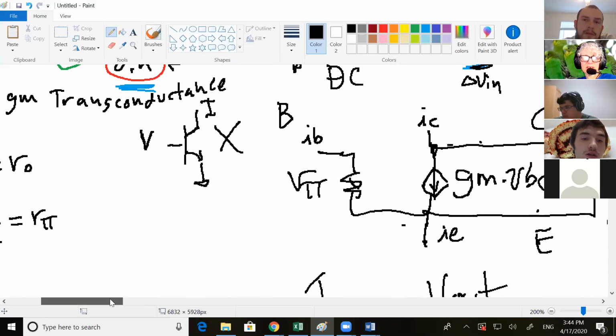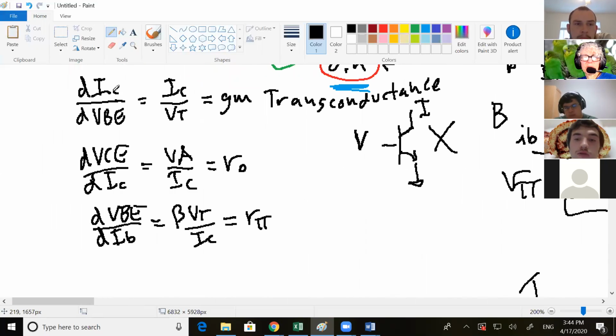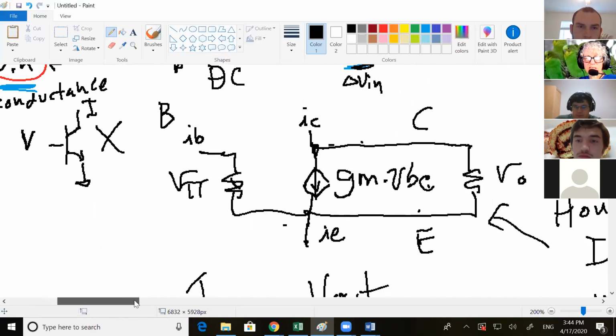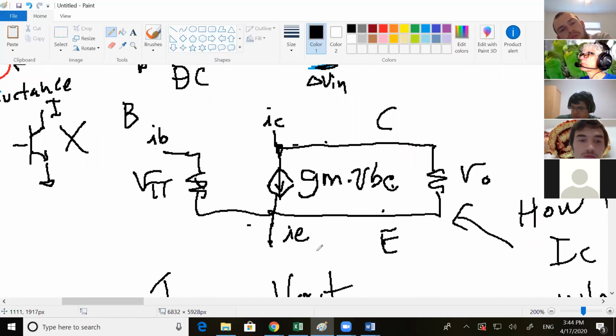Yes. Okay. So we've got our 3 values, our 3 small signal parameters that describe how the transistor changes its current. And we put that together into this model.